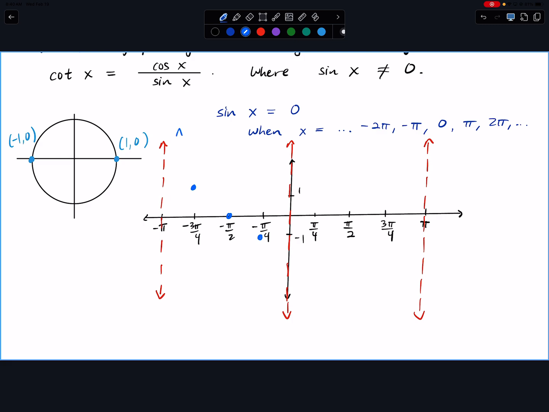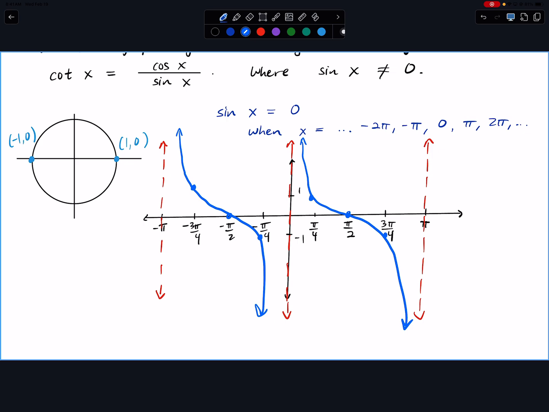And literally just be the same curve, just upside down. That's easy. And then same thing. Since it repeats 1, 0, negative 1, do something like that. Cool.